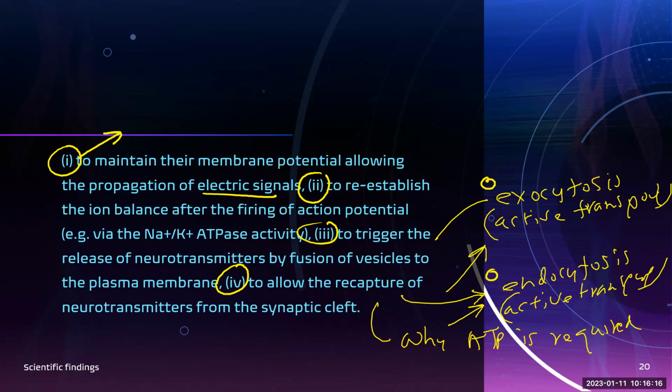And funny thing is, again they gave this sodium potassium ATPase activity. So the answer is given. I don't know whether there will be a question, because the answer is given here.